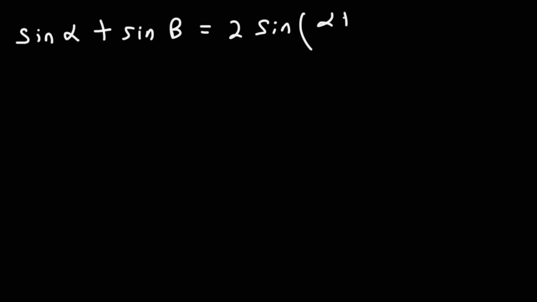Next up, we have sum to product formulas. Sine alpha plus sine beta is 2 sine alpha plus beta over 2 times cosine alpha minus beta over 2.